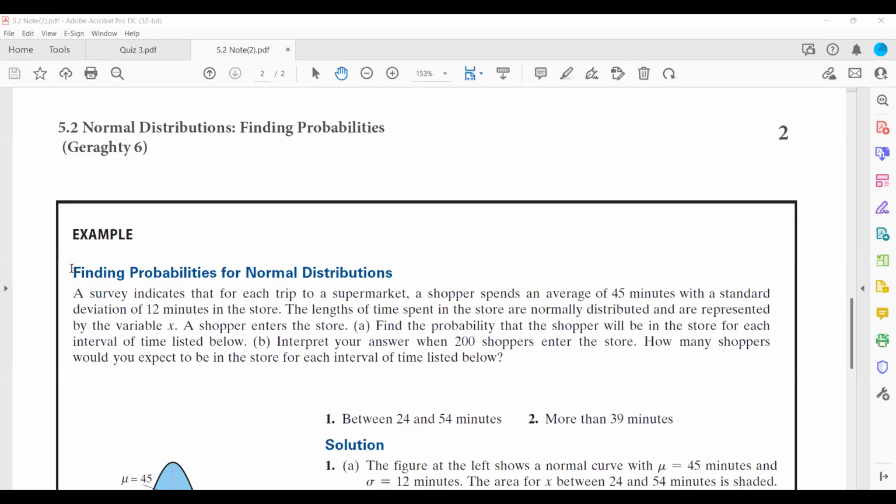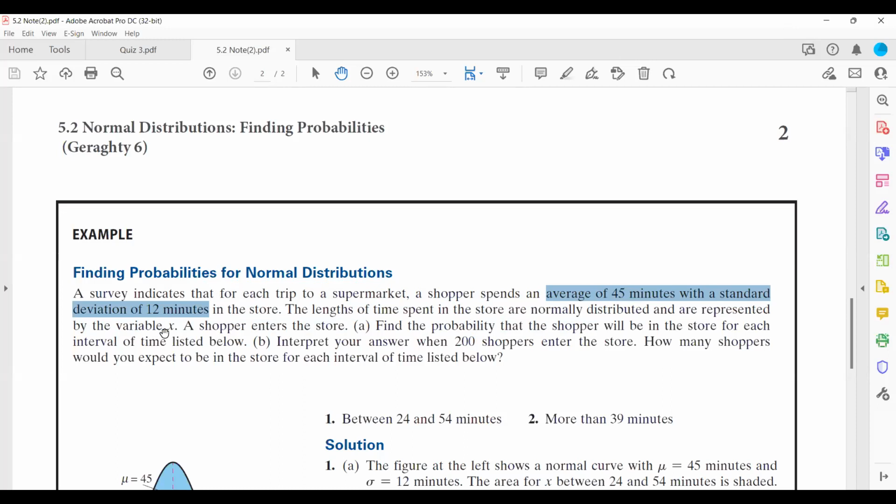So as you can see, we have a survey. You're the statistician. You ran a survey. A shopper spends an average, well, we have a keyword, everybody, average of 45 minutes. And another keyword, the standard deviation of 12 minutes in the store. Well, the length of the time spent in the store is normally distributed.